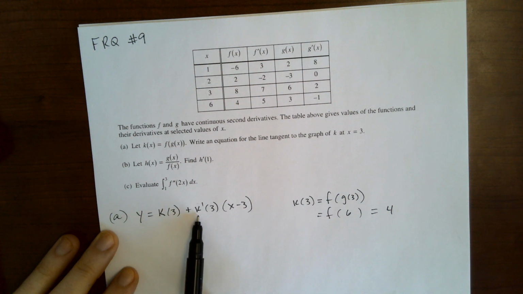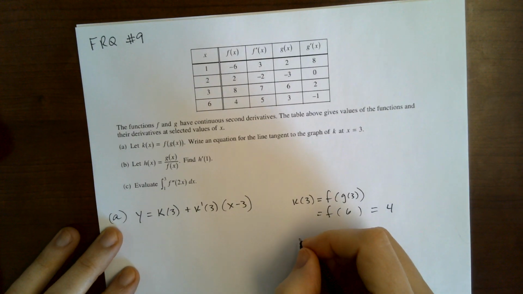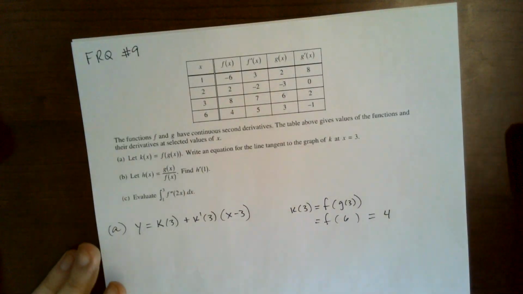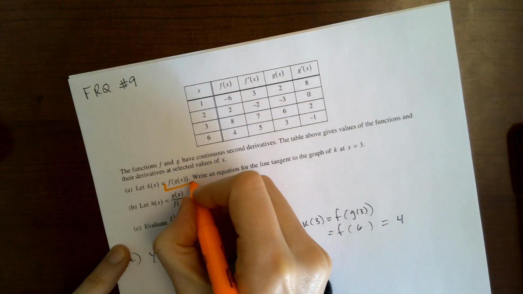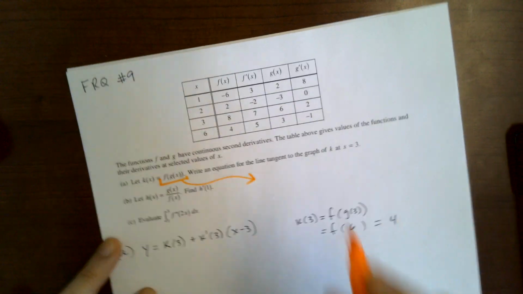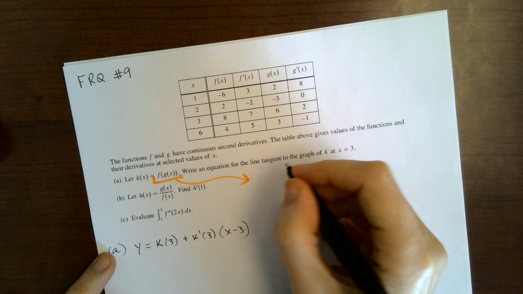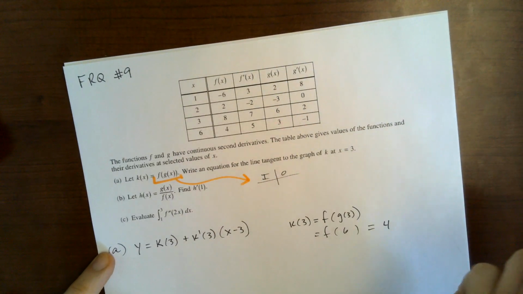Now we've got to find k prime of 3. So first, let's just find k prime of x. Okay, so when we take the derivative of that, you got to think chain rule.